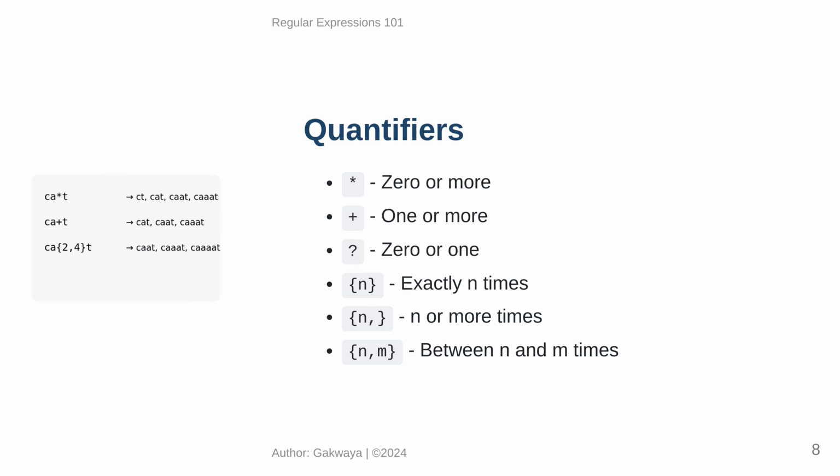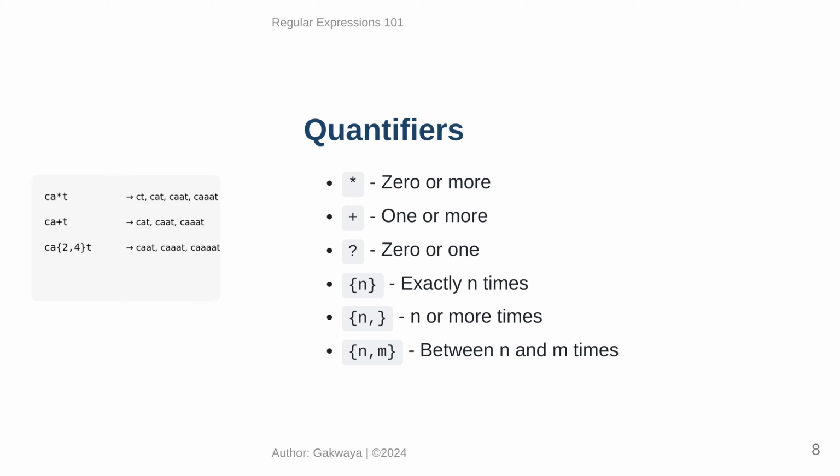Quantifiers are how we specify repetition in regex patterns. They're incredibly powerful because they let us match patterns of varying lengths. The asterisk symbol is the most flexible, it means zero or more of whatever comes before it. The plus symbol is similar but requires at least one occurrence.